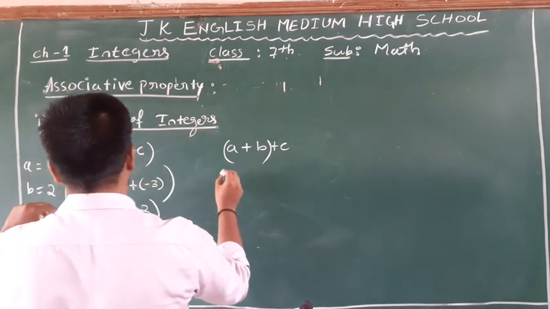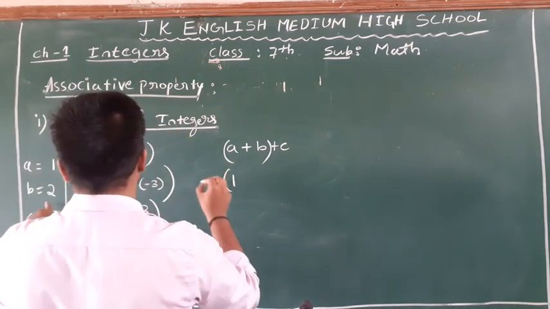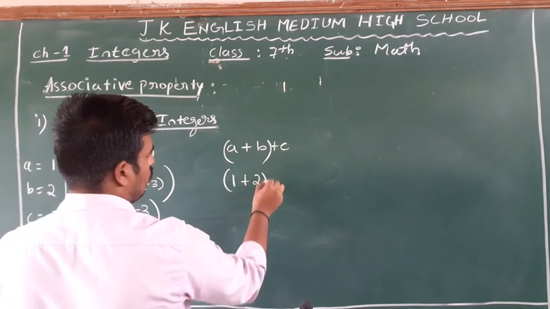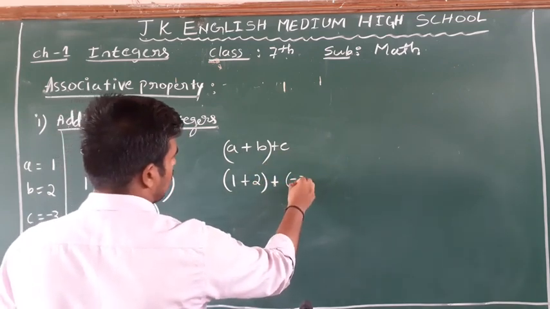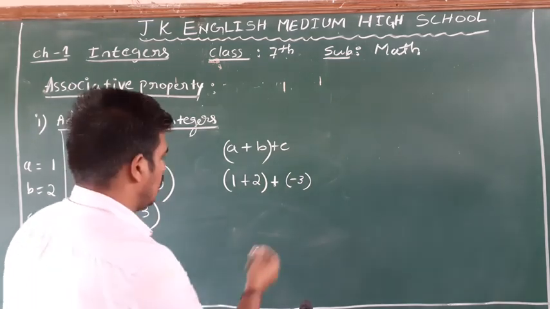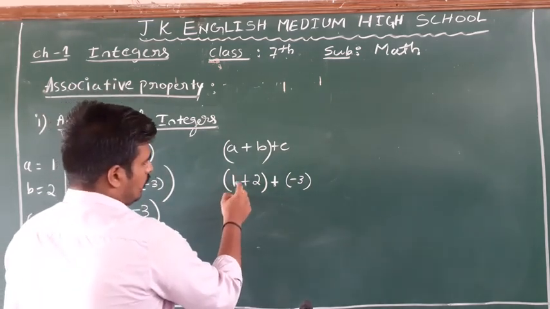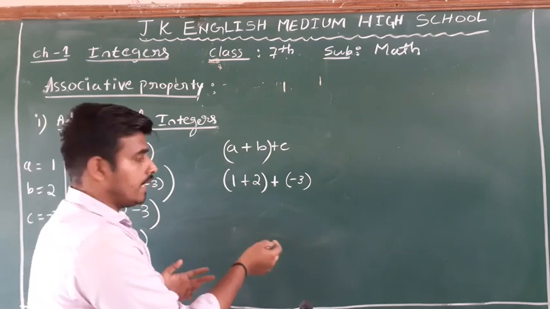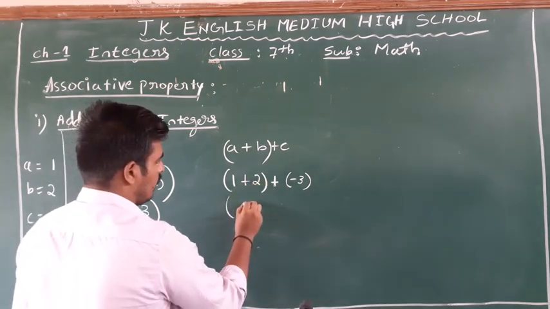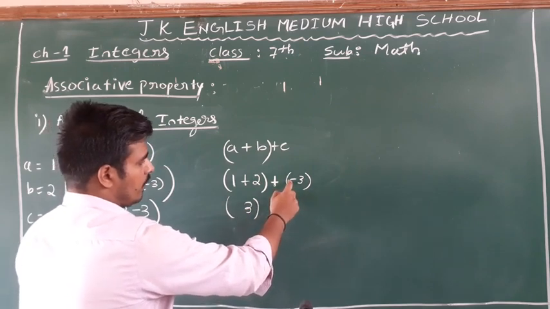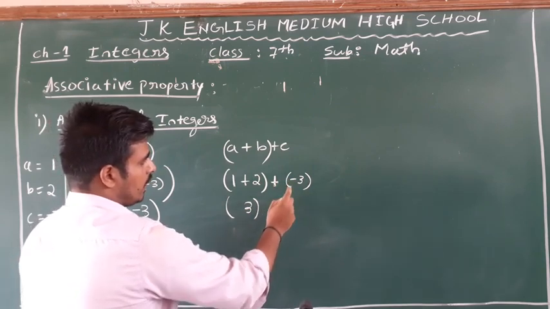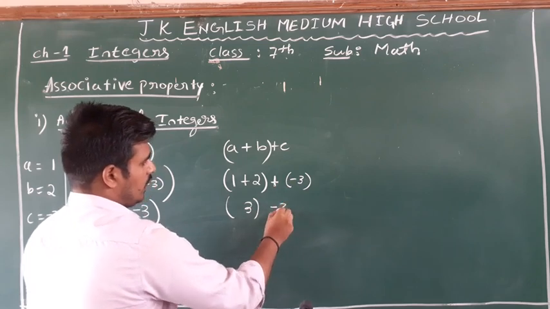Let's put the values. A means 1, B means 2, this plus as it is, C is minus 3, so keep it inside a bracket. Now solve it. This is plus, addition, 2 plus 1 will give you 3, close the bracket. Open this bracket first, plus into minus, minus 3.